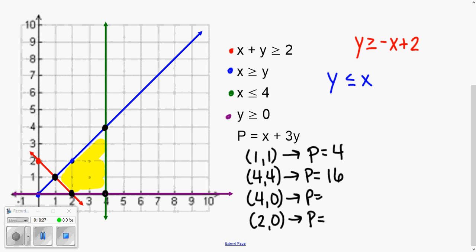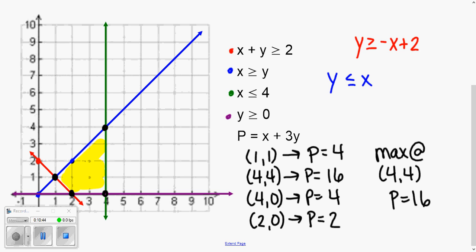Putting a 4 in for x and a 0 in for y gives me 4. And putting a 2 in for x and a 0 in for y gives me 2. So I'm maxing out at (4, 4), where p equals 16. This is linear programming.